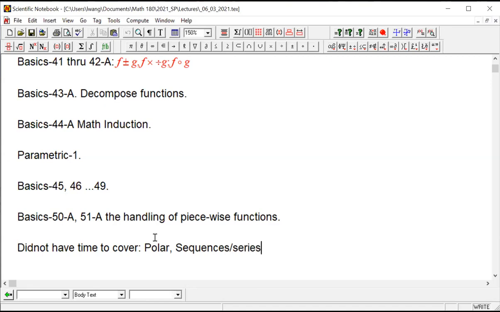It's too bad we didn't get to cover those, but if you like, you can read about it, okay? Series and sequence will show up in your Calculus 2. Arithmetic sequence, I would say, will show up in Calculus 1.